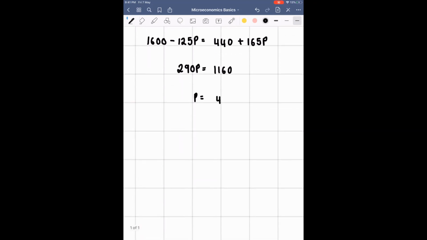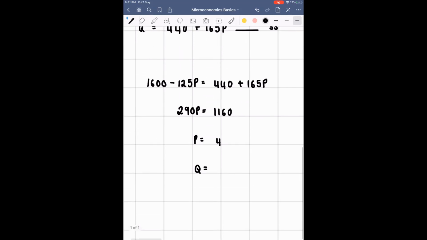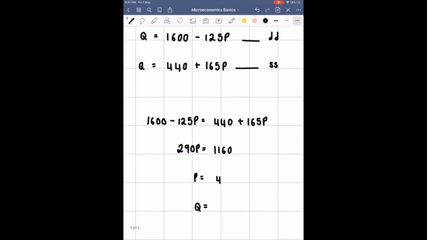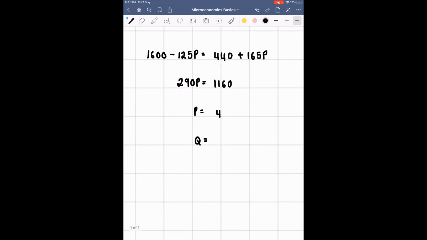Similarly, how do we get Q? We substitute the value of P into one of the demand or supply functions. So this time let me use the supply function. I'm going to get 440 plus 165p, and P's value is 4.